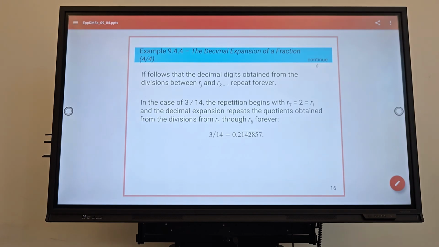It follows that the decimal digits obtained from the divisions between Rj and Rk minus 1 repeat forever. In the case of 3 over 14, the repetition begins with R7, which equals 2, and equals R1. And the decimal expansion repeats the quotients obtained from the divisions R1 through R6 forever.